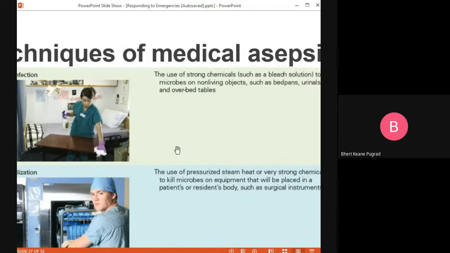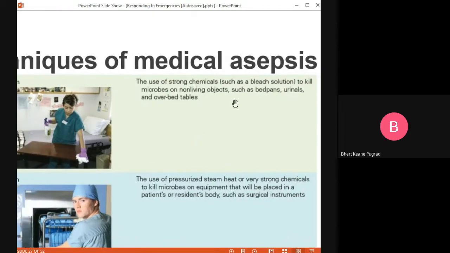Okay? But in general, kapag ganito yung usual na ginagamit natin, 10%, no? 10% na bleach solution. Like for example, sa isang litrong tubig, no?